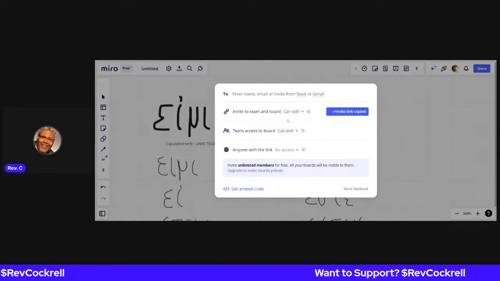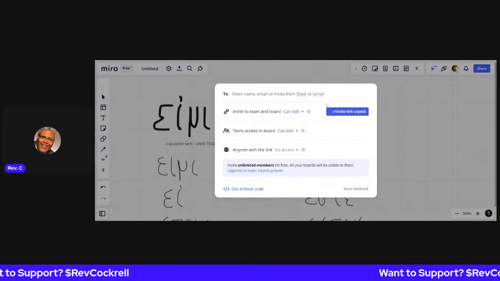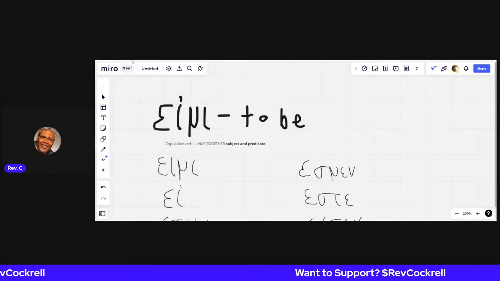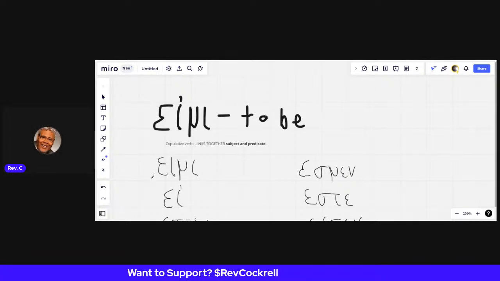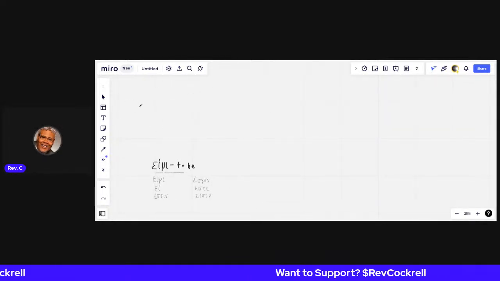So if people want to use the board, they can use the board. All right. So before we get to a me here, let's start off with the alphabet.